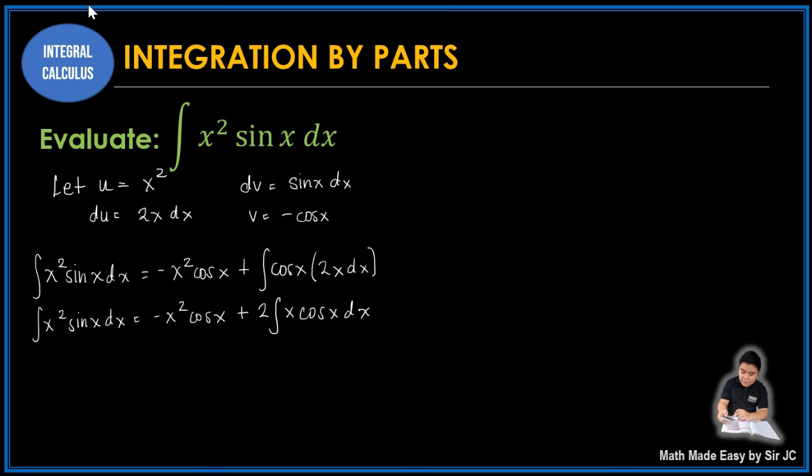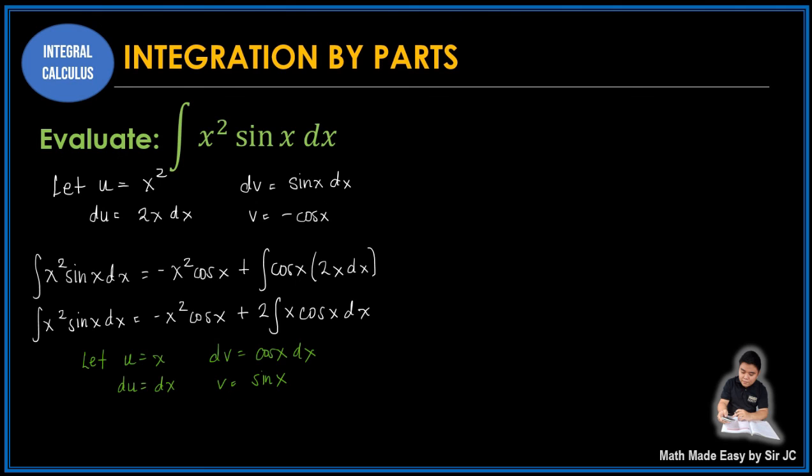To solve the integral of x cosine x dx, we use another integration by parts. Let u be equal to x, so du will be dx. Then dv is equal to cosine x dx, therefore v is sine x.